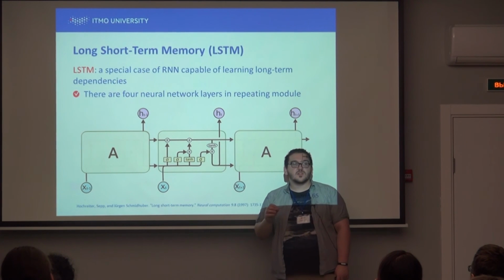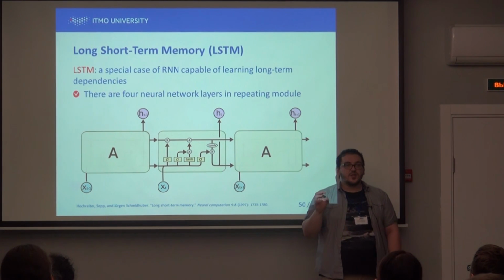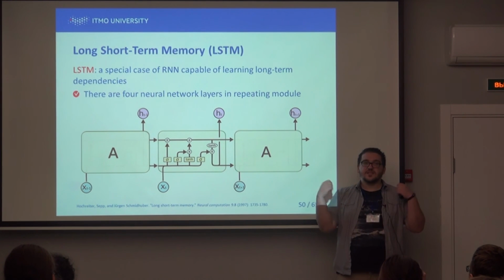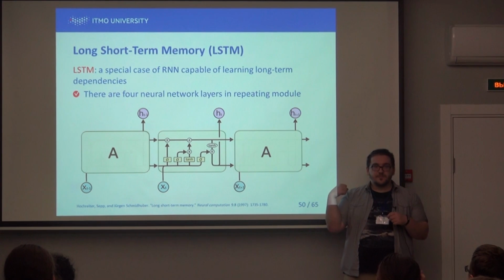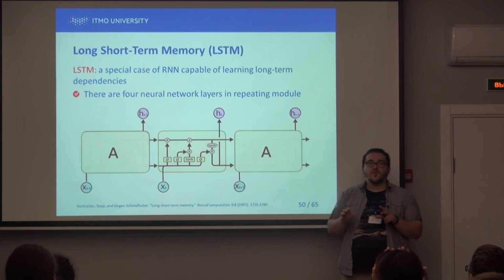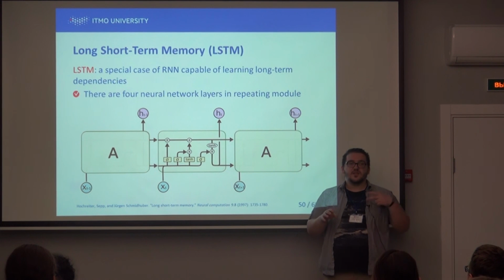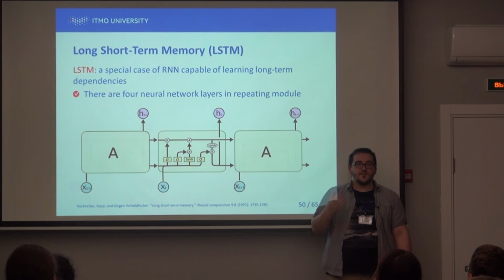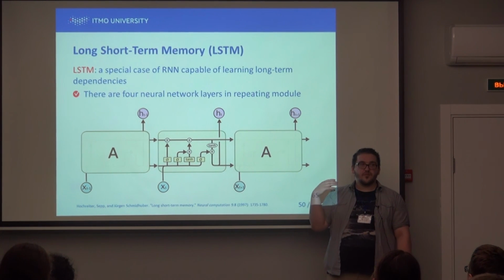And it works in the following way. We want to keep information about our past, but not only about the past we just saw, but also a deep past. In order to do so, we need to remember not only the things we have seen a second before, or a word before, but things we have seen long before.